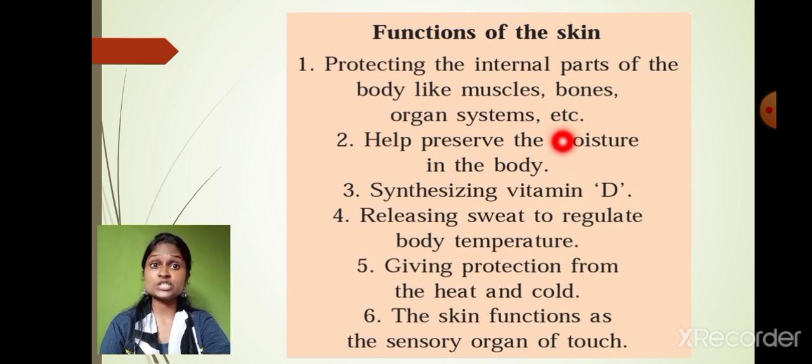There are bones inside our body, and different organs like heart, kidney, lungs, etc. They are present inside our body. So the outer layer of the skin is protecting all these organs. Protection is one of the important functions of the skin.